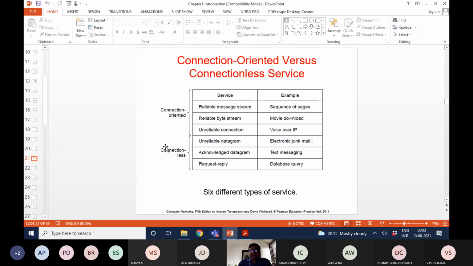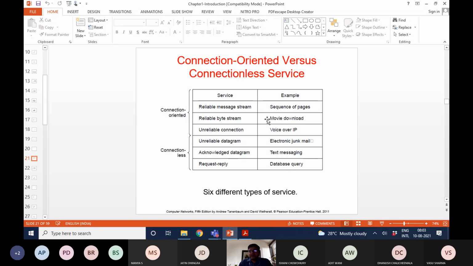So we can take some examples of how we use connection oriented or connectionless. For connection oriented, an example is a sequence of pages. Whenever we download a document or any file from the internet, we get it as a sequence of pages, continuously. In that case, we need a reliable messaging stream.